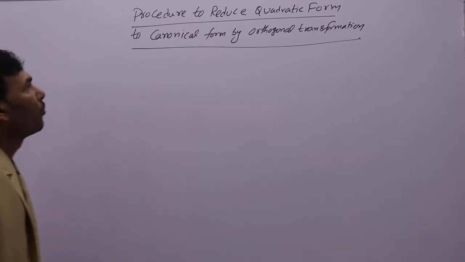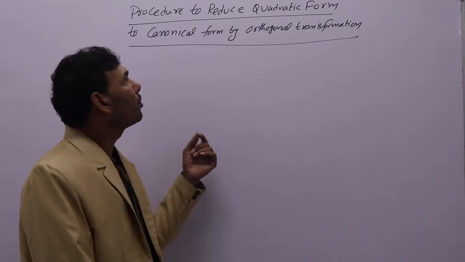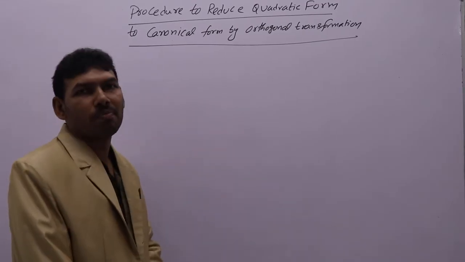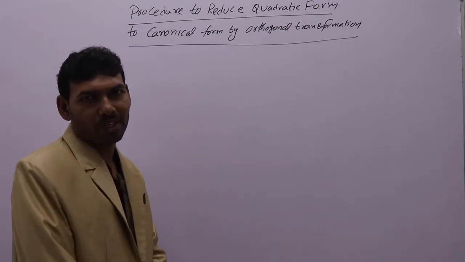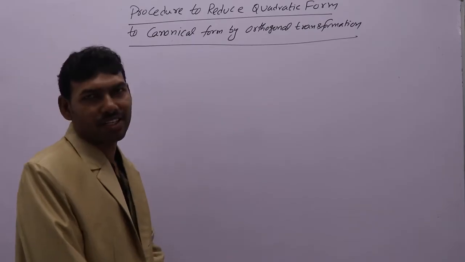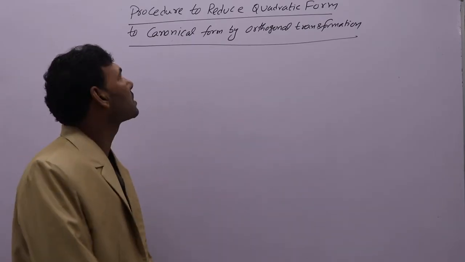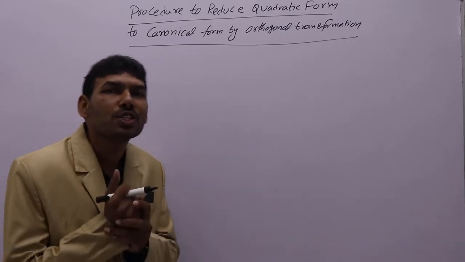So now we are going to discuss the key concept in quadratic form: how to reduce a quadratic form to canonical form by the orthogonal transformation technique. As I said just now, reducing a quadratic form to canonical form means writing the given quadratic form as a sum of squares.